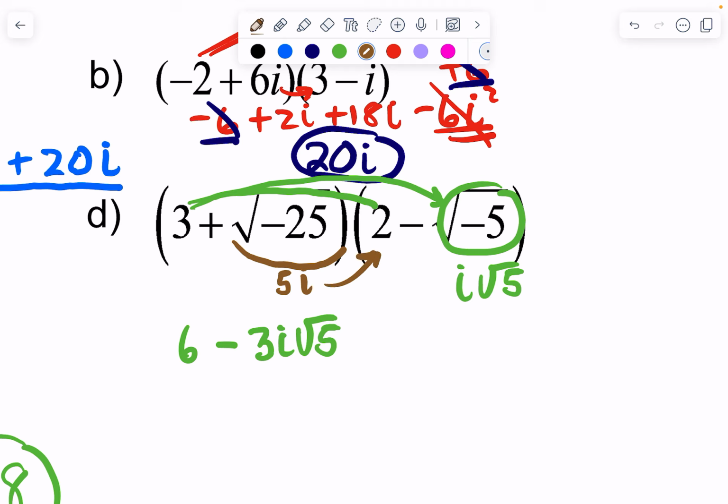So that's positive 10i. And then I've got my 5i times i square root of 2.